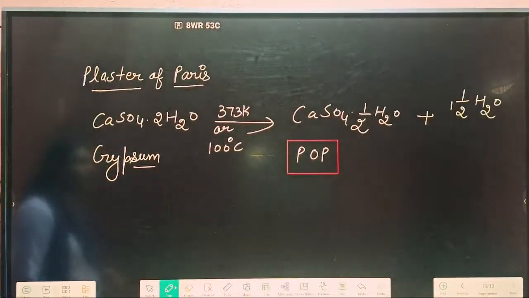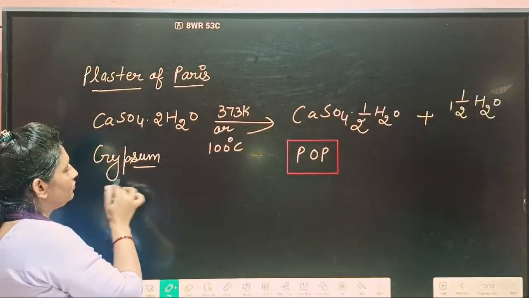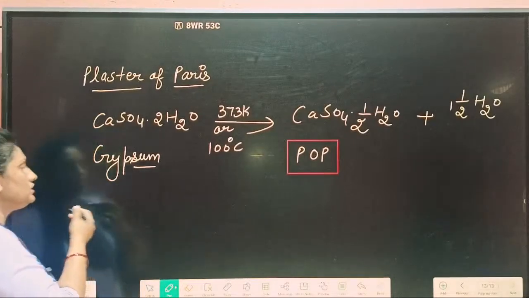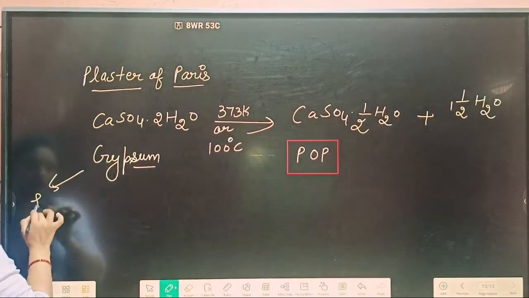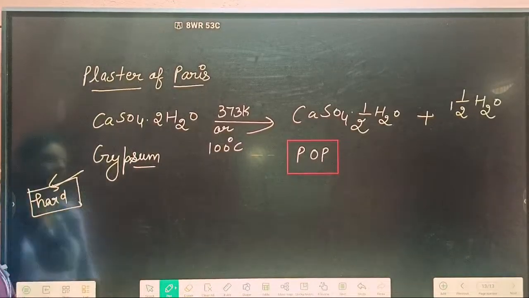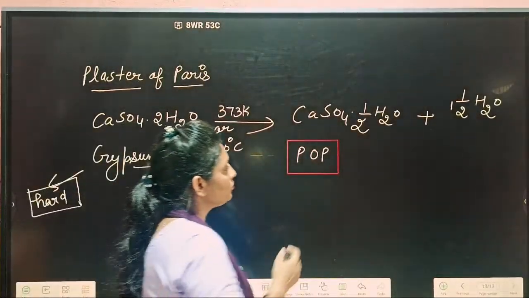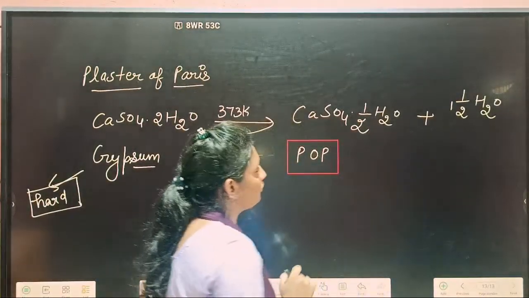So students, here you can see, gypsum is a hard substance. When gypsum is heated at 373 Kelvin, it gives us POP, plaster of Paris.